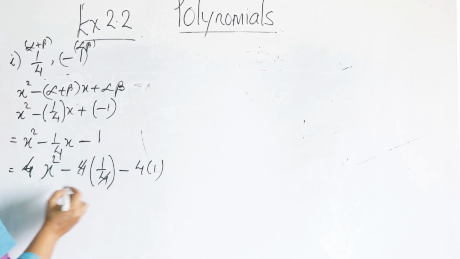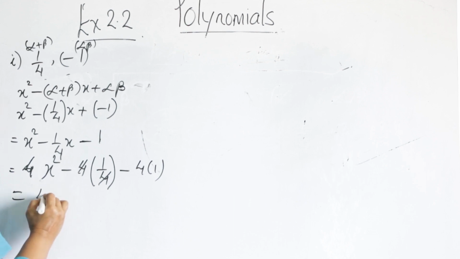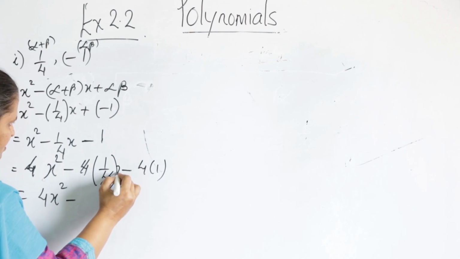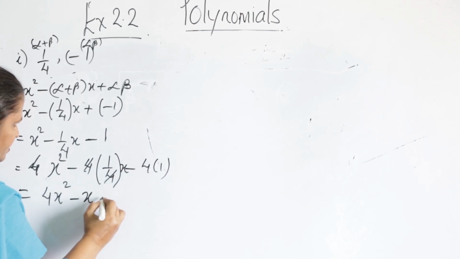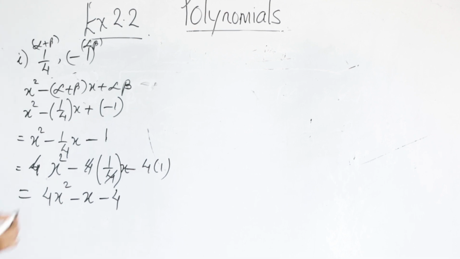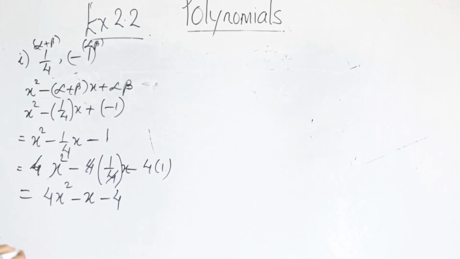So the 4s get cancelled. So we get 4x square minus x minus 4. This is our polynomial with these two values.